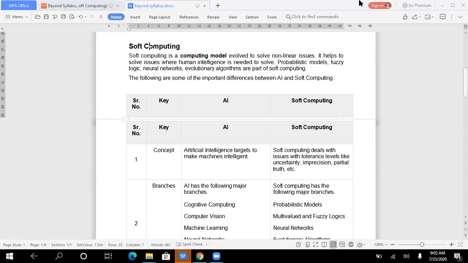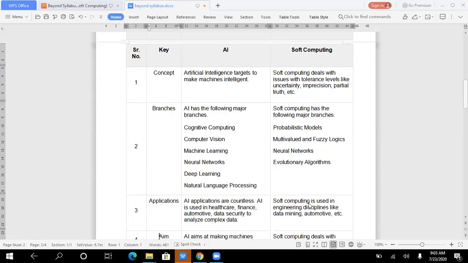Next thing is branches. AI has the branches of cognitive computing, computer vision, machine learning, neural networks, and then deep learning and NLP, that is natural language processing.